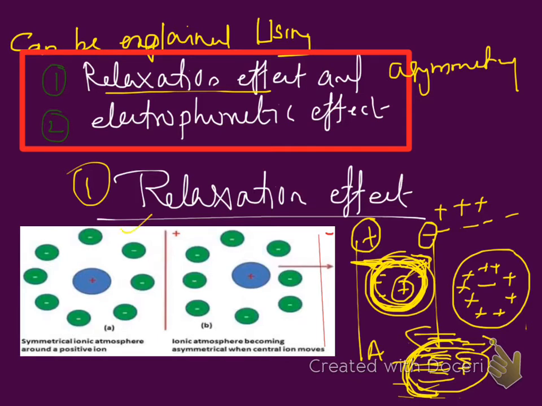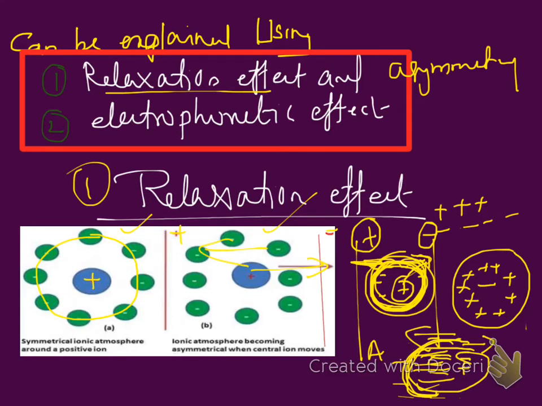For the exam, you have to draw these two diagrams. Here the positive ion is symmetrically surrounded by negative ions, or these negative ions provide a symmetric ionic atmosphere around the positive ion, so the speed of the ion is not influenced much. But when an electric field, positive and negative, is applied, the positive ion moves towards the negative electrode and the negative ion towards the positive electrode.